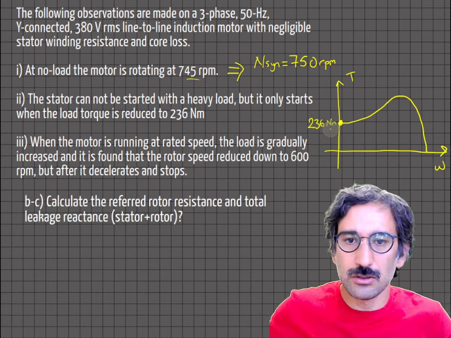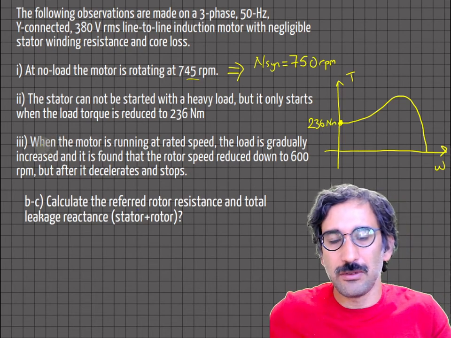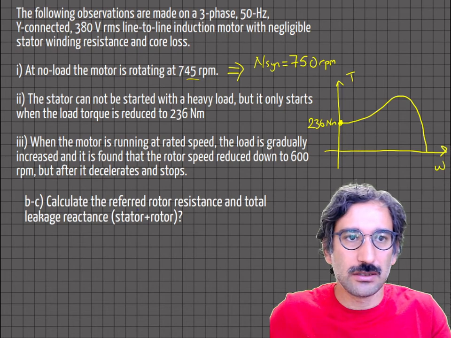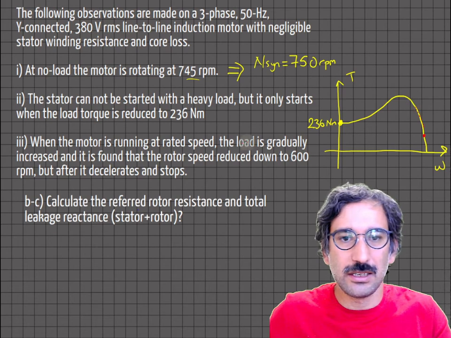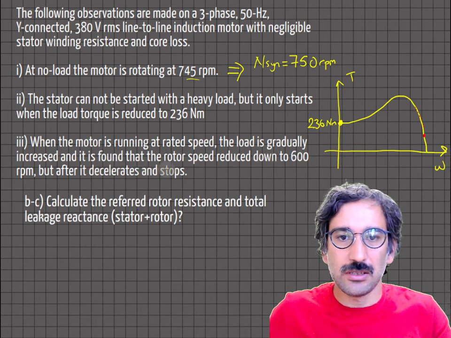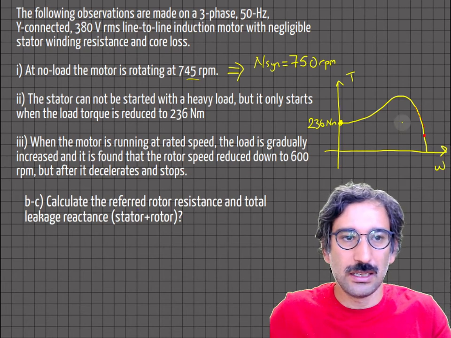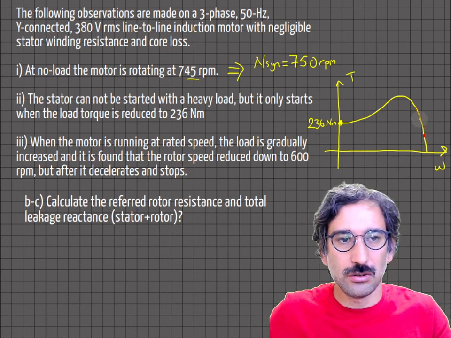The next information that we are given is that when the motor is running at the rated speed, we don't know that, the load is gradually increased. Let's say it was running at some point, then the load was increased, and it is found that the rotor speed reduced down to 600 rpm, but after that it decelerates and stops. So at first you were running here, and you increase the load so it can give that torque at that point.